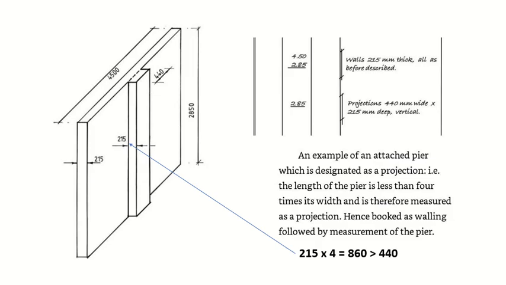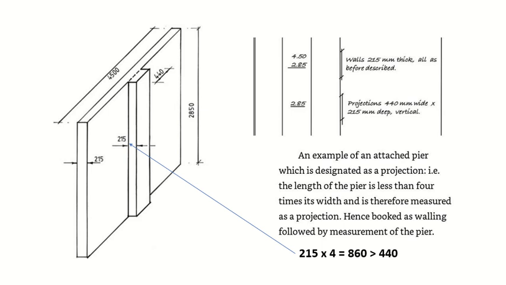And this is the pattern which I told you from the start. When we give something in area, the third dimension is in the description. So the rule only changes the representation. It will not change the dimension. The dimension of the projection is still the same, right? 215 by 440 by whatever the height is.